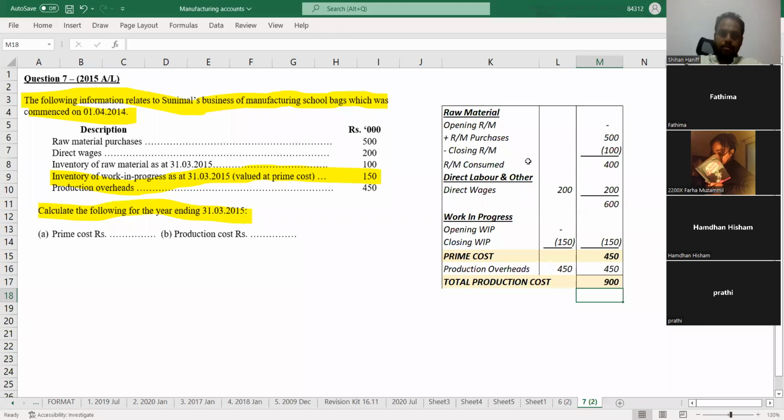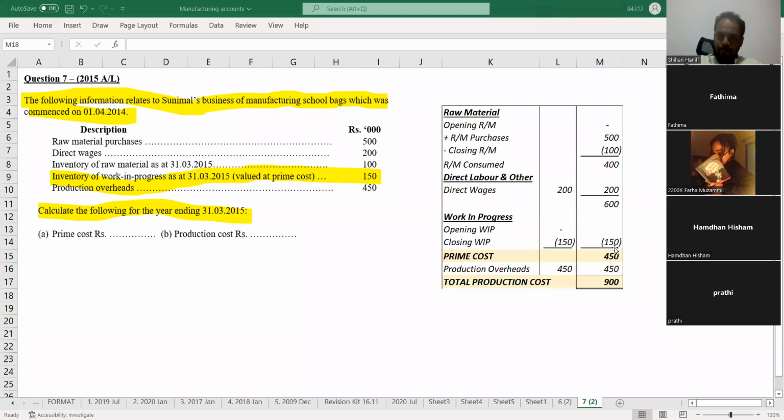Prime cost 450. Not 750, 450. How did you get 750? It shouldn't be 750 because this is minus.